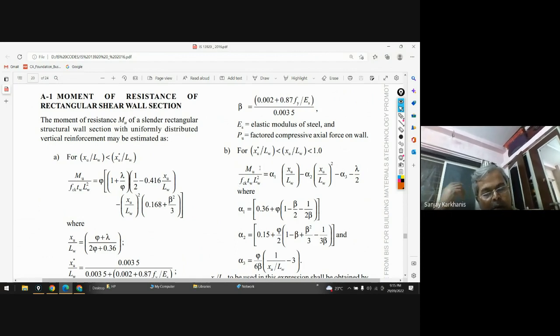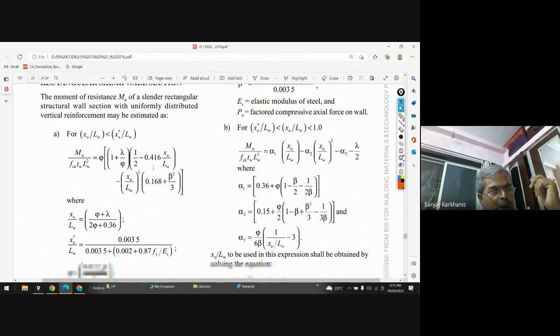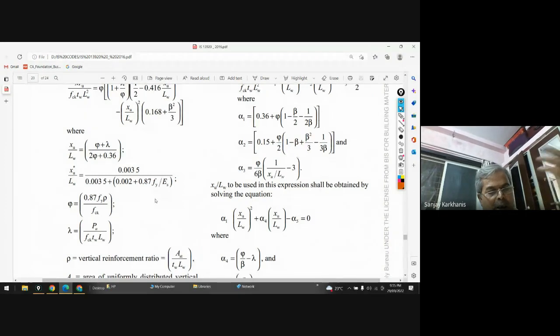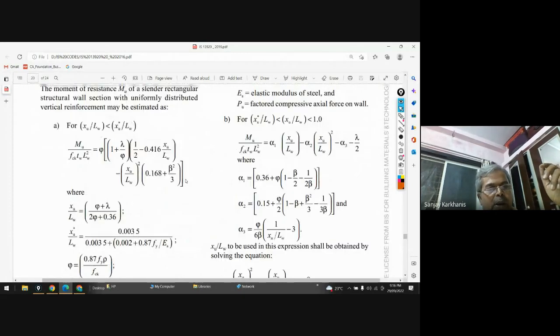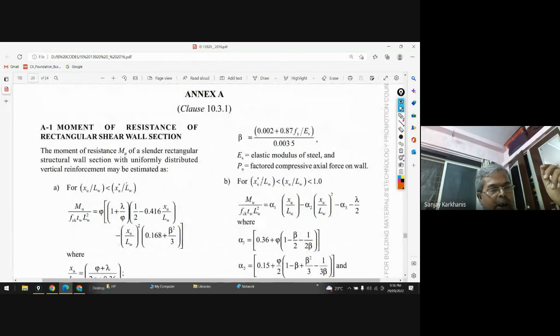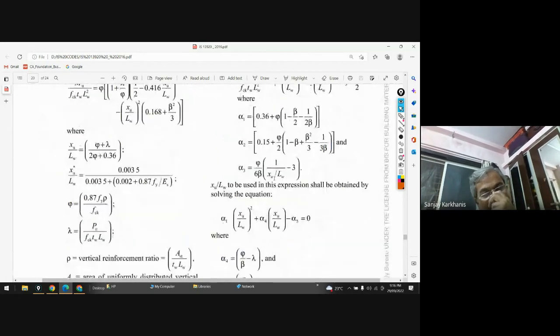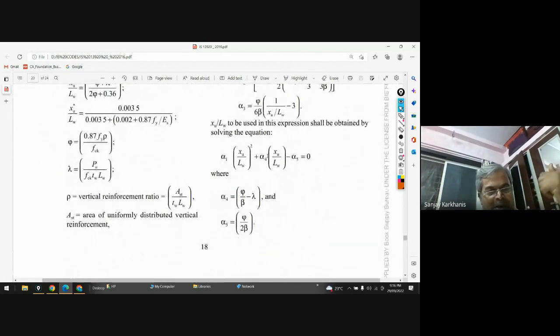But still it will take at least a month of mine, because I don't get that much time. But I am preparing that Excel sheet for creating this moment of resistance of rectangular shear wall, so that I will just submit the values of Mu and Pu, and the entire thing will be calculated automatically, and it will tell me whether it is coming in condition A or condition B. But again, I will say that if you understand this, it is okay.